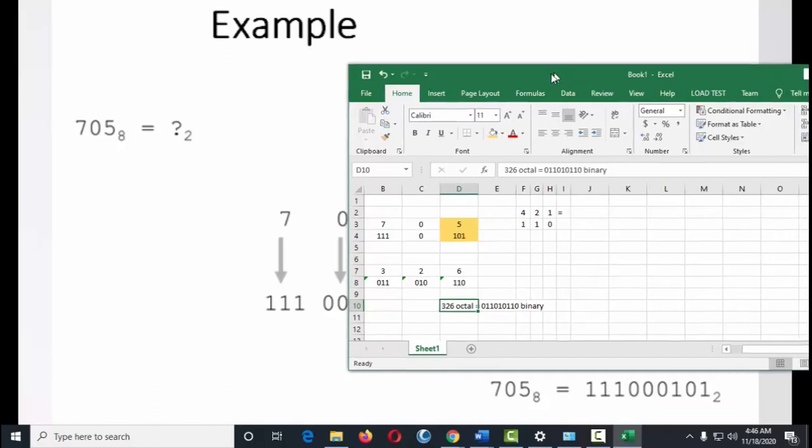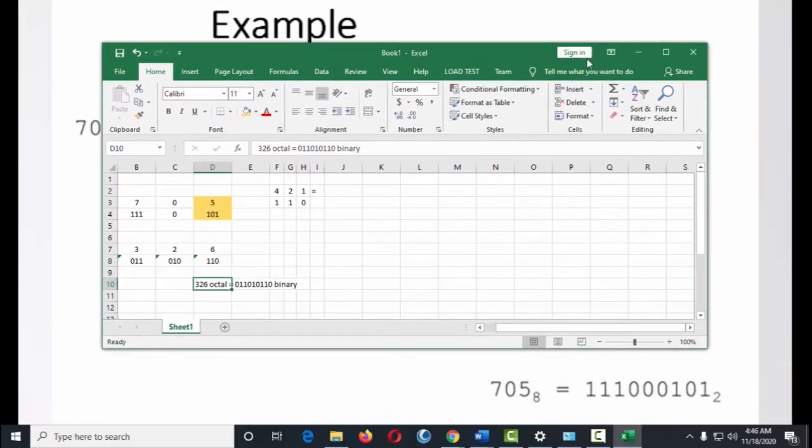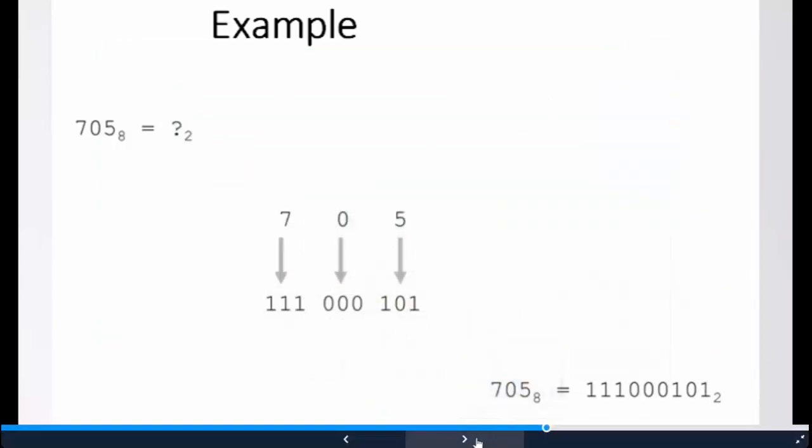I hope you understood, you were able to get that. So going back, that is from octal to binary. Each number will be represented by 3 binary digits, and so on and so forth.